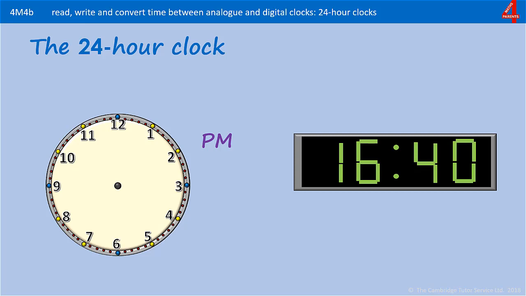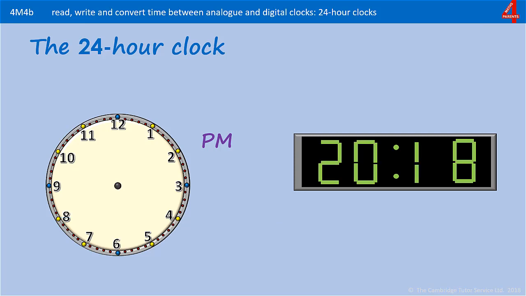Have a go at this one. Putting the minute hand on the 40, showing 22, which is the same as 40 minutes past. 40 minutes past whatever 16 is, so take 12 away from 16, that gives us 4. So it's 40 minutes past 4, or 20 to 5.